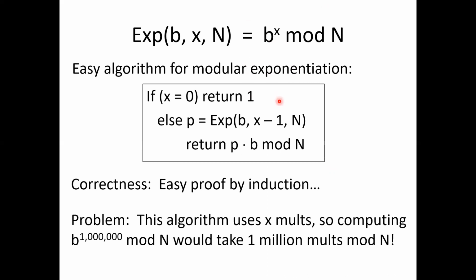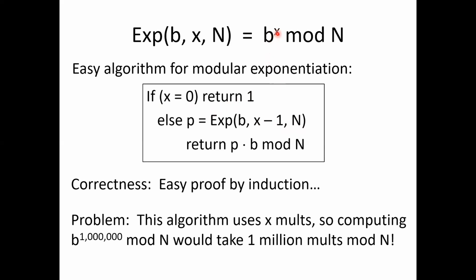This does make some differences, but some of these algorithms you have already seen over integers. So here is the basic, trivial exponentiation algorithm. What is exponentiation? It's a sequence of multiplications, right? I take b multiplied x times by itself.